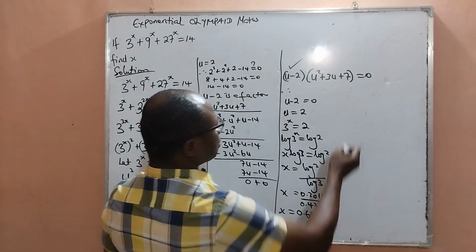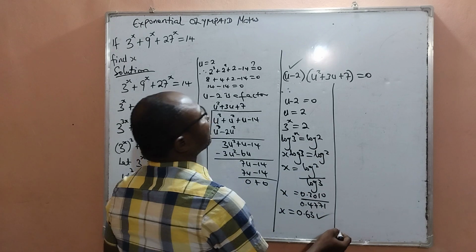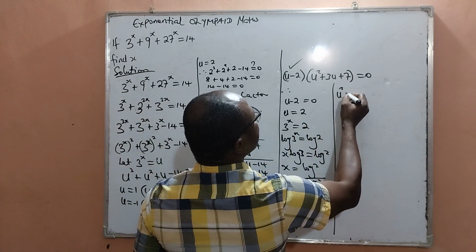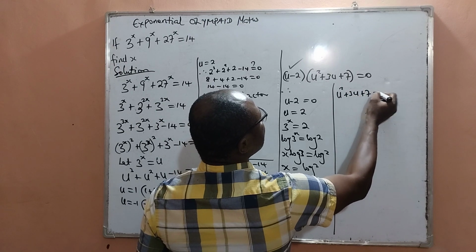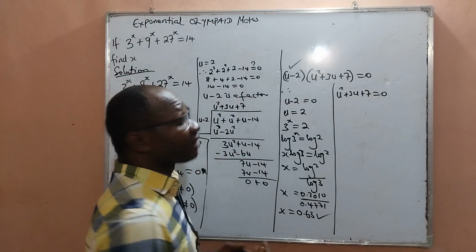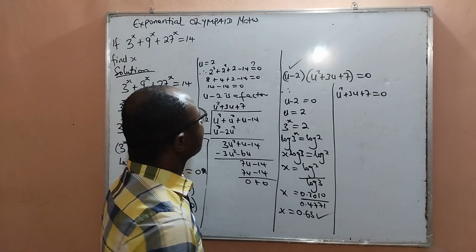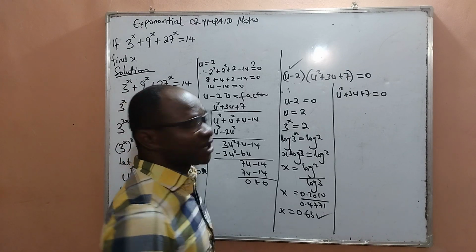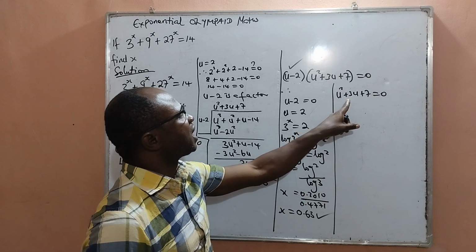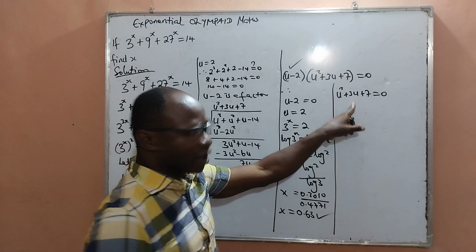Now, moving forward, we are still going to find another value of x from the second bracket. And that second bracket is u squared plus 3u plus 7 equal to 0. But first and foremost, we are interested in real values of x, okay? Real roots, not complex ones. So we need to find out if this is going to give us a real root or a complex root.